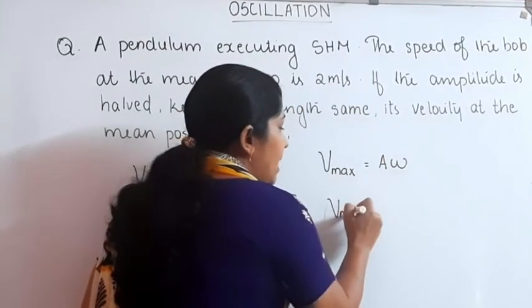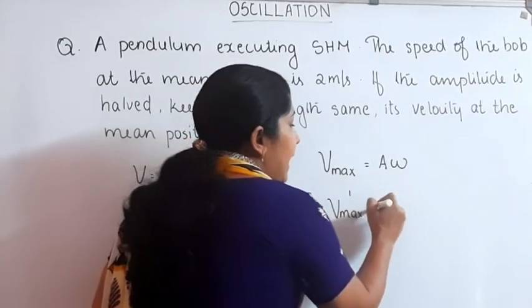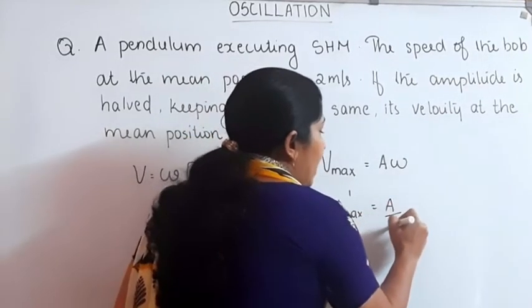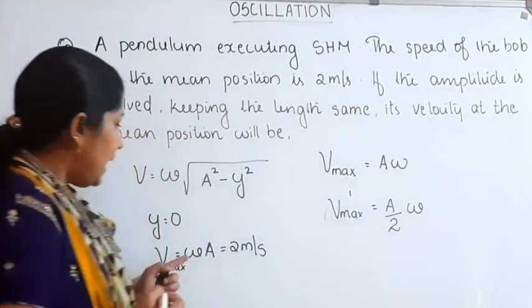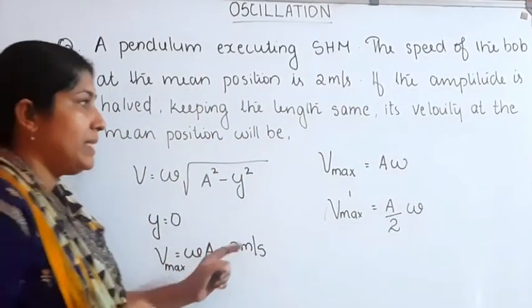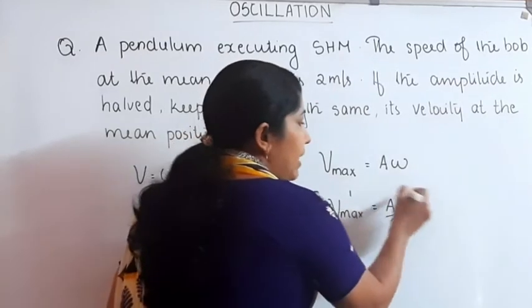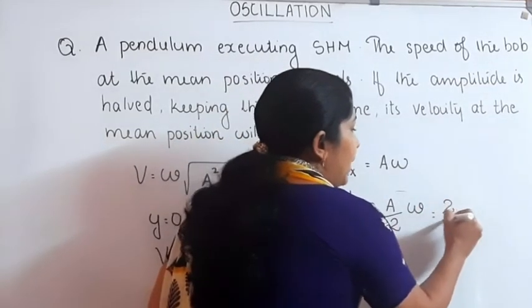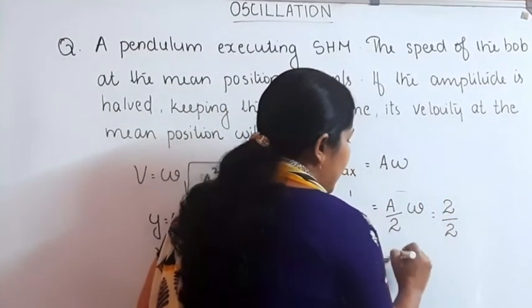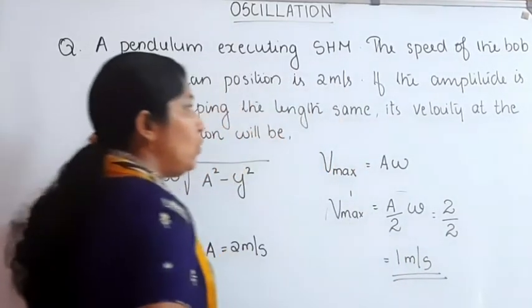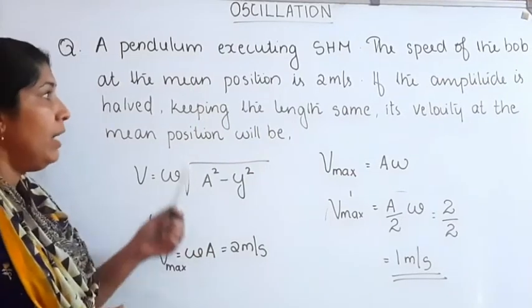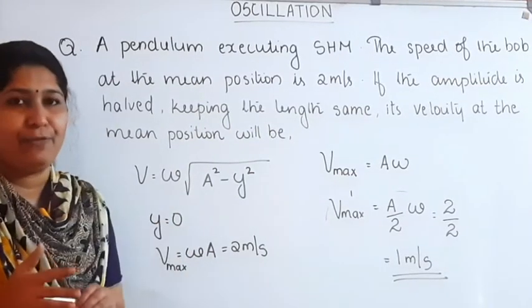V maximum dash is equal to a by 2 into omega, because amplitude is halved. We know that a omega is equal to 2 meter per second. Then instead of a omega, we can write 2. Then 2 by 2 is equal to 1 meter per second. 1 meter per second is the maximum velocity at the mean position when the amplitude is halved.